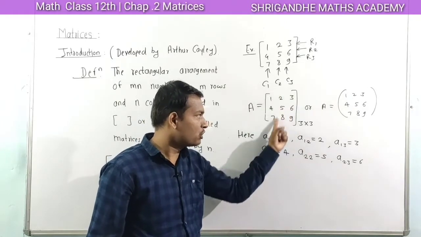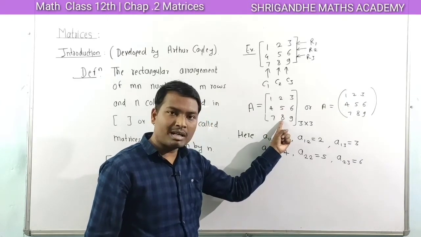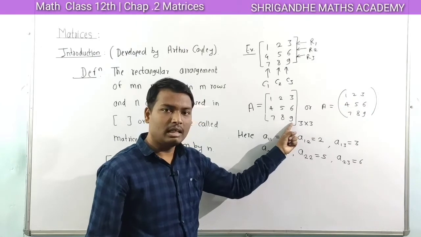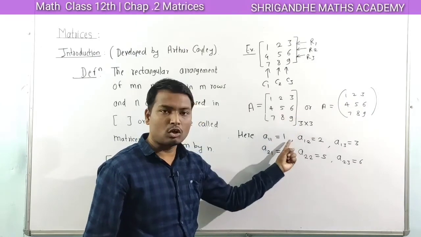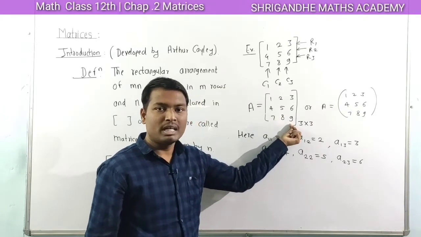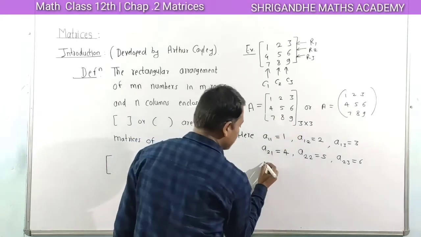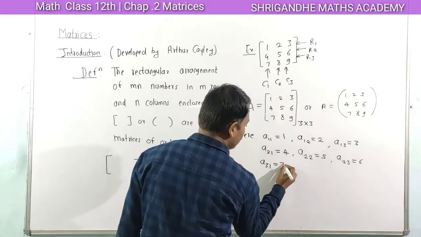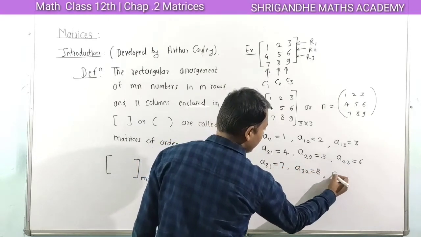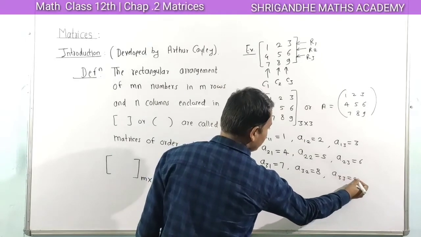Similarly number 8 lies in the third row and second column, and number 9 lies in the third row and third column. Therefore these 3 numbers 7, 8, 9 can also be written as A31 is equal to 7, A32 is equal to 8 and A33 is equal to 9.